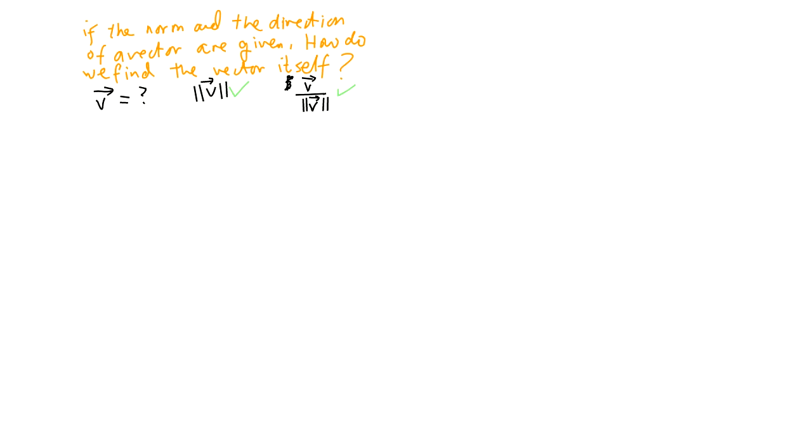So what is the relation between these numbers, or these vectors, scalars and vectors? How do we find V out of these, out of 1 and 2? What can we do in this case?